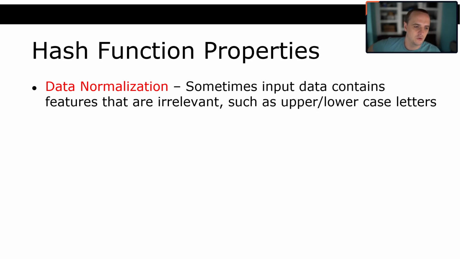Someone passes you in a name that's capitalized, someone passes you in a name that's not capitalized, maybe someone had typed in all caps, right? Maybe we just want to throw away upper or lowercase letters and normalize that data so that no matter whether it was uppercase or lowercase, it's going to hash those names to the same value. So that might be a property that we're interested in.